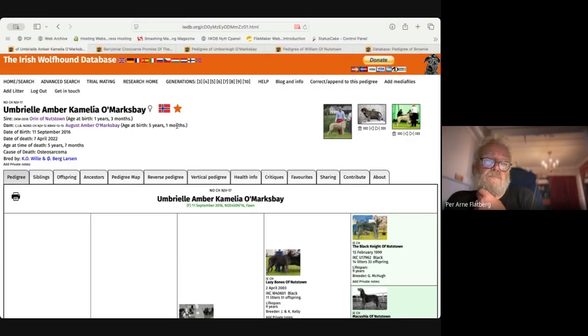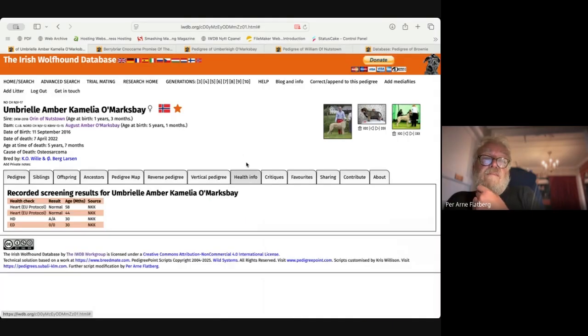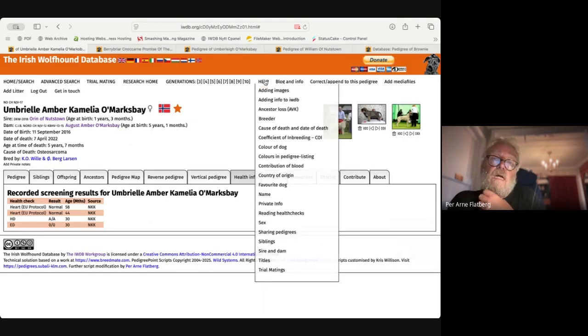when I'm researching it. We also have health info. Camellia here had her heart checked twice at the age of 58 months and 44 months, and also had HD and ED results here with a score of AA and 00, which might not mean much to you in the American continent. You might want to check our help pages here.